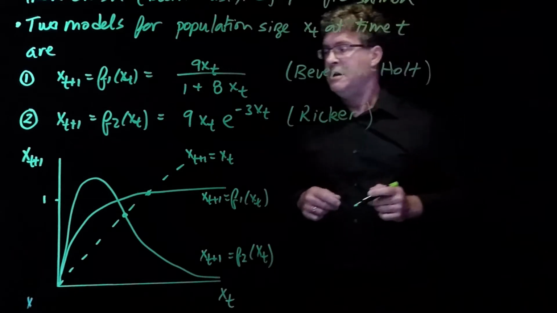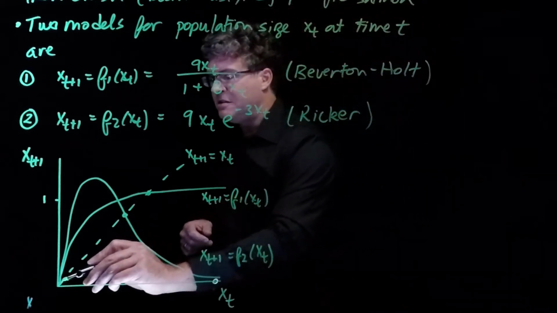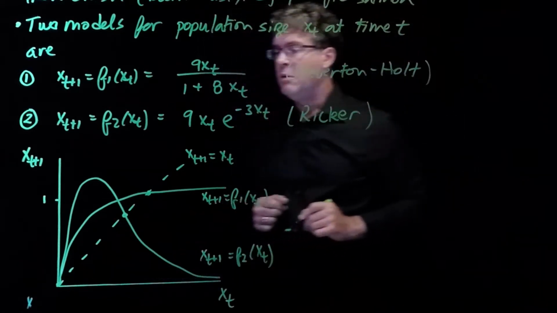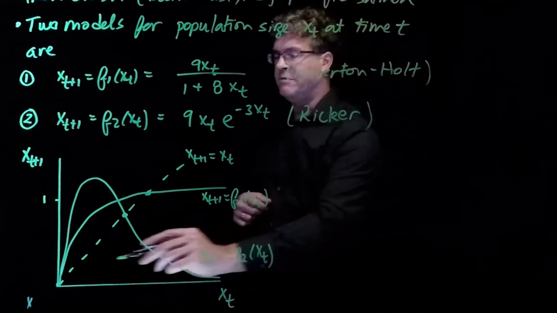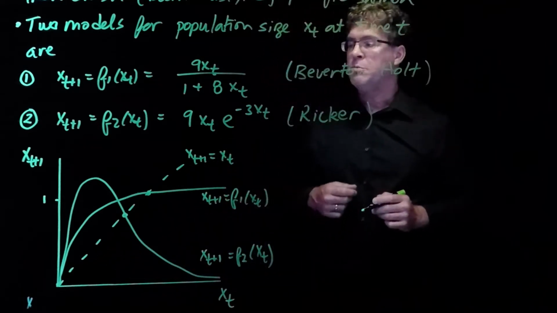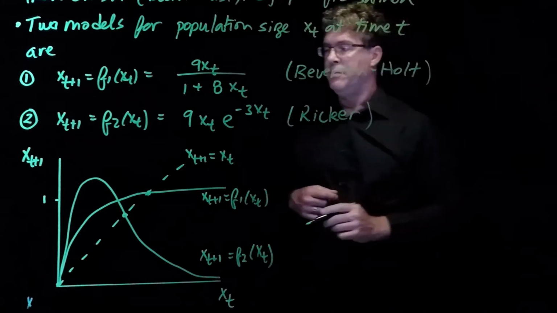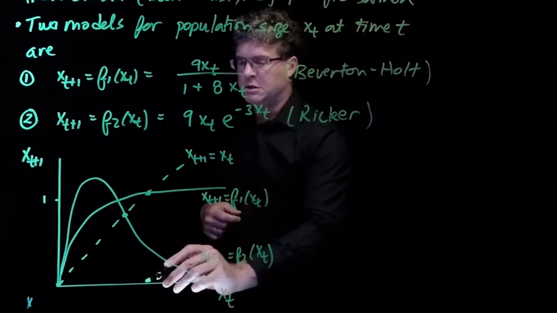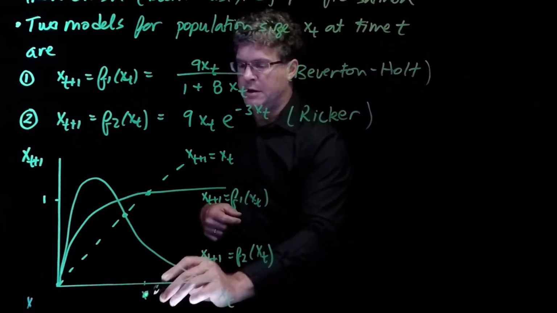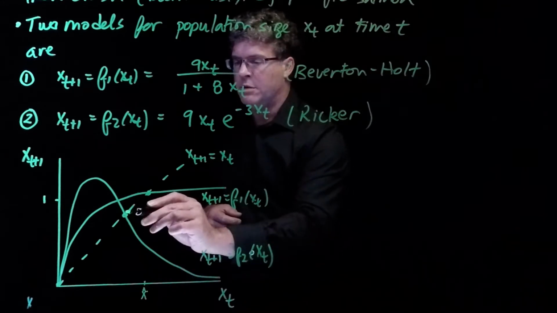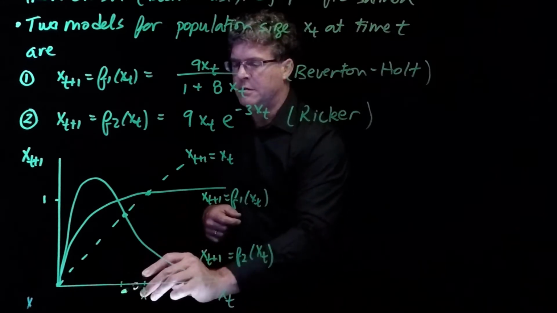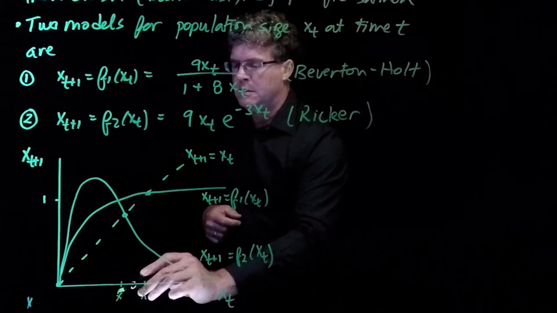You can see graphically that each model has a zero equilibrium, where the function crosses the 45-degree line, and each model has a positive equilibrium. The one for Beverton-Holt is shown right here, and the one for the Ricker curve is shown right here.